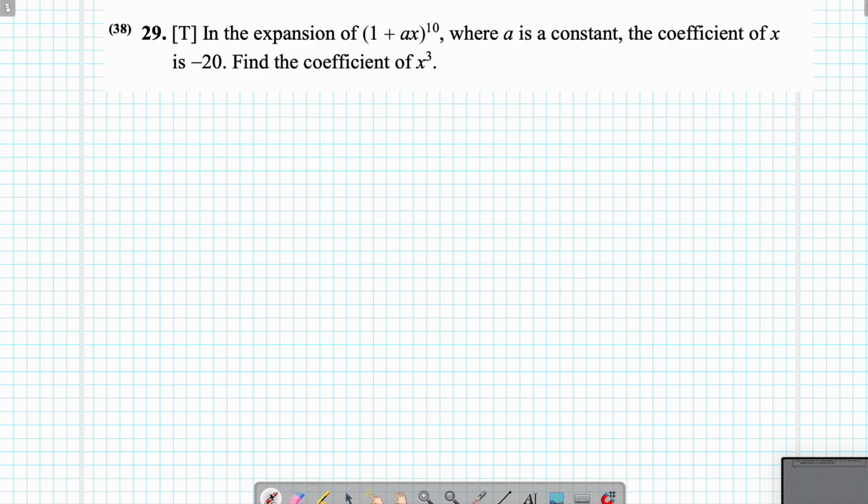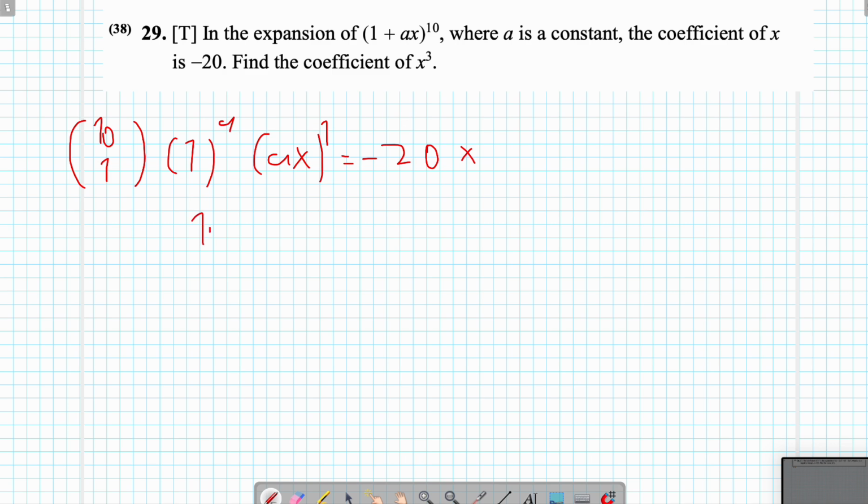Okay, simply, first we need to find a. So to find a, we need the coefficient of x, which means k is 1. So 10C1 times 1 to the 9 times ax to the 1 is equal to -20x.